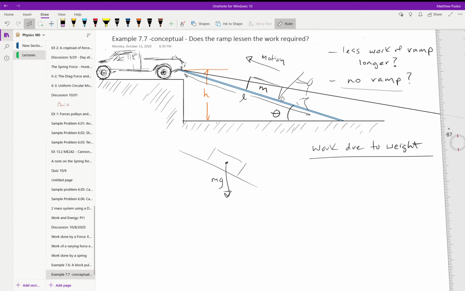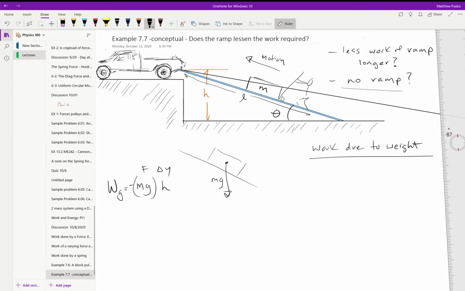The work due to a weight is equal to the weight itself, the force, times the displacement. In this case, delta y, and the delta y is equal to some h.